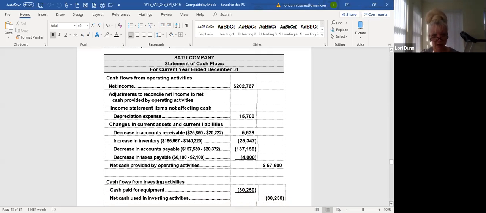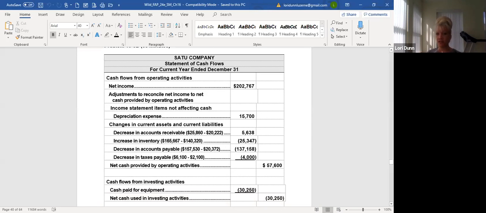Now we will show it on our statement of cash flow. Although the equipment account increased, we're not worried about that here. We're saying, oh, but here's how that equipment purchase affected cash. Cash paid for equipment, it decreased $30,250.